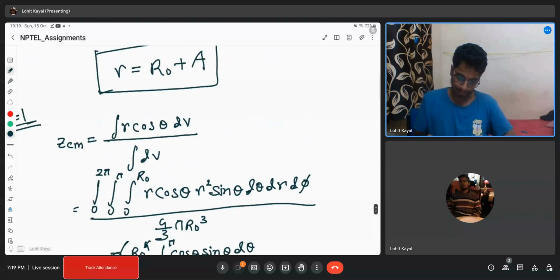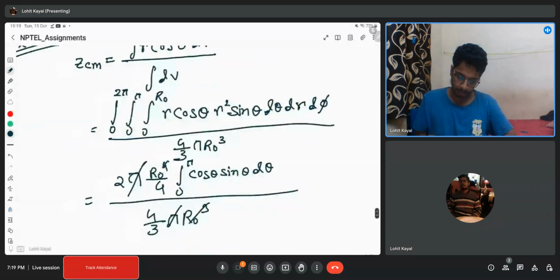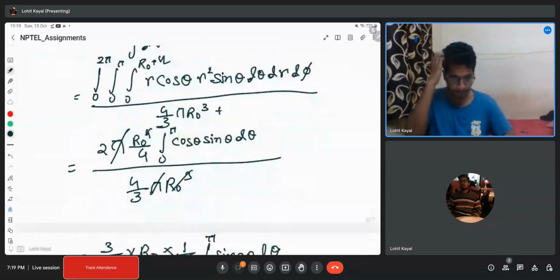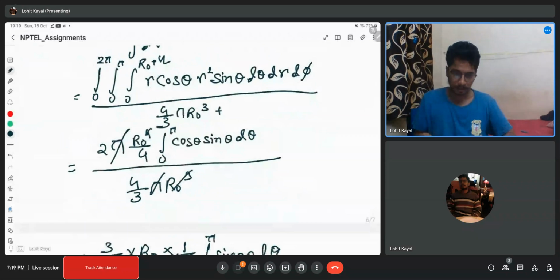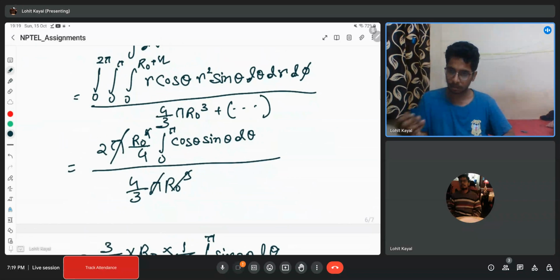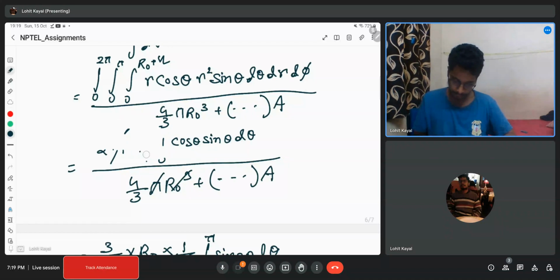So now r naught plus eta, and it will be 4 by 3 r naught cube plus that constant 4 pi r naught square into a e to the power omega t into a. Now this will change.